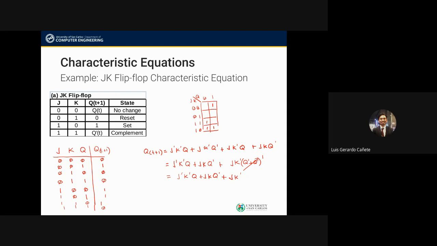J bar K bar Q, J K bar Q bar, J K bar Q. Let me try to take out J bar Q. Q bar, so then we have K right there.